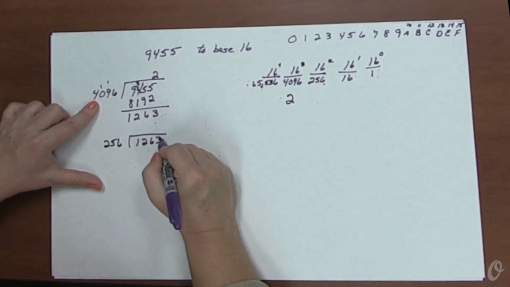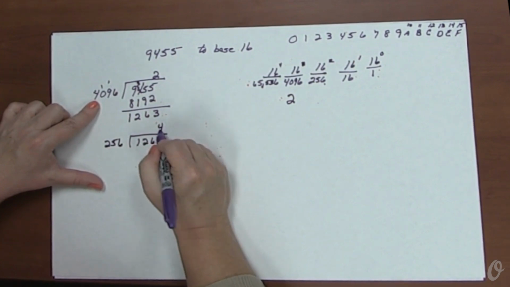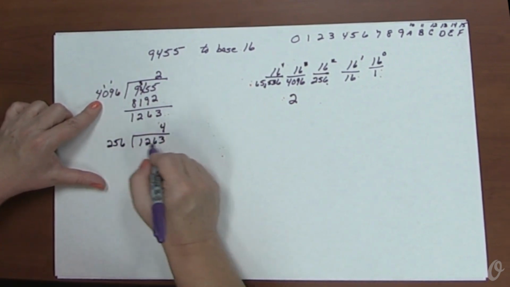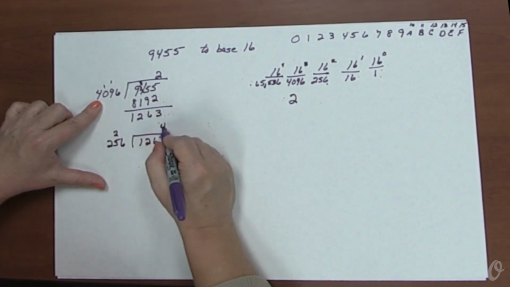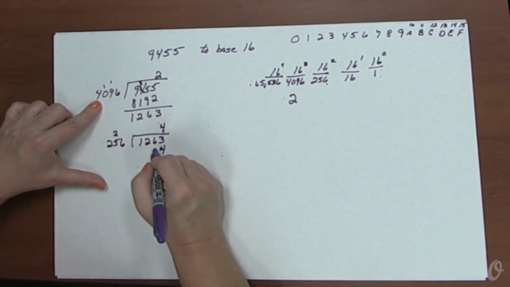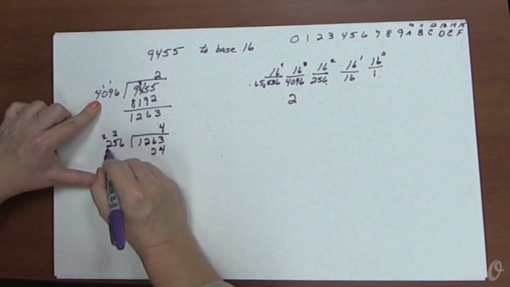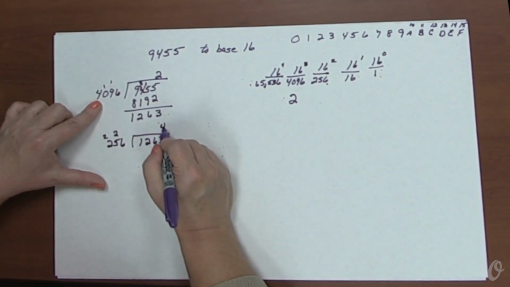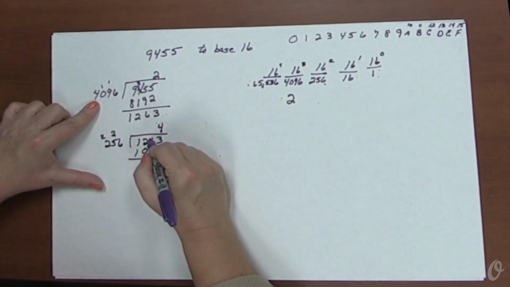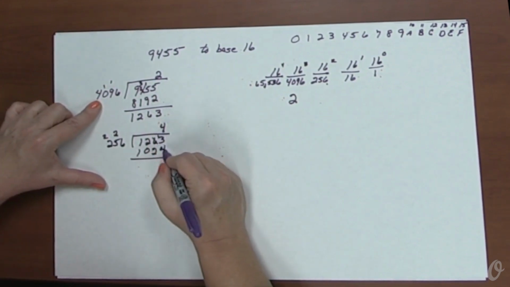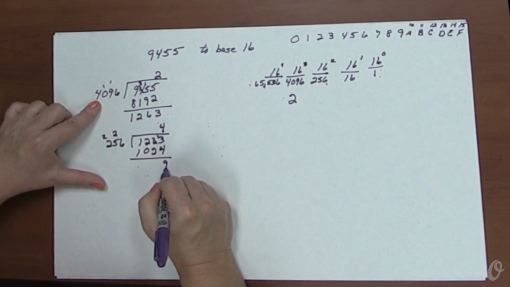This is going to go in 4 times. Now 4 times 6 is 24, carry the 2. 4 times 5 is 20, plus 2 is 22. 4 times 2 is 8, plus 2 is 10. When I subtract, I get 13 minus 4 is 9.